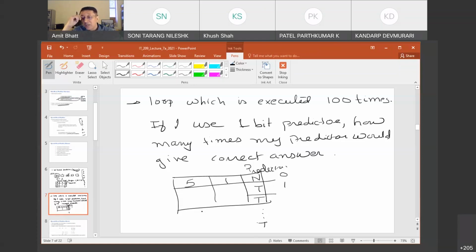That means you are going over 100, you are not less than 100, so you will be wrong. You'll be wrong while entering the loop and wrong while exiting the loop. So if you use a 1-bit predictor like this, you will be wrong once while entering and once while exiting.